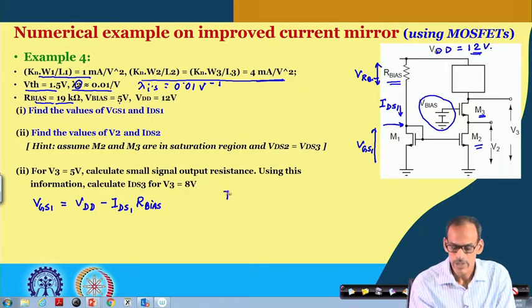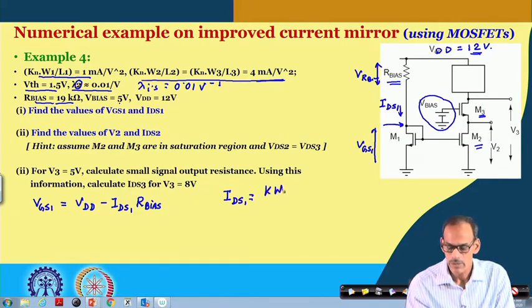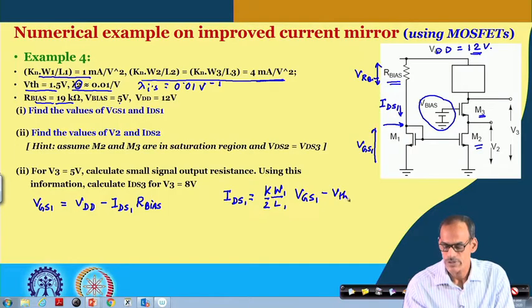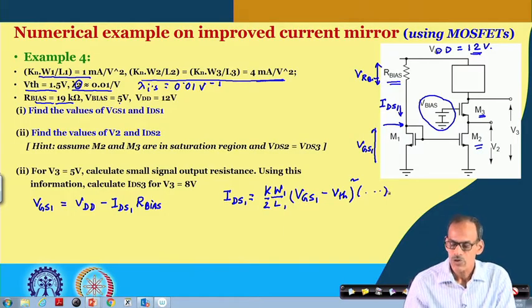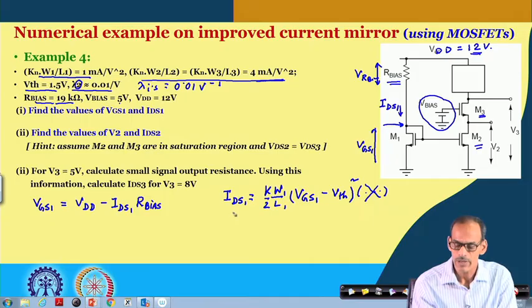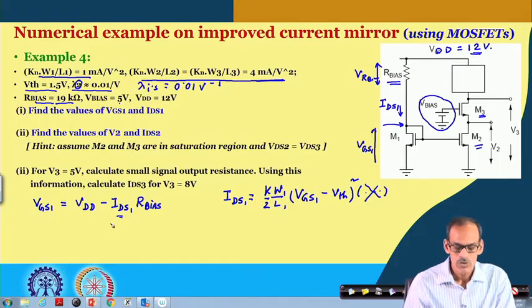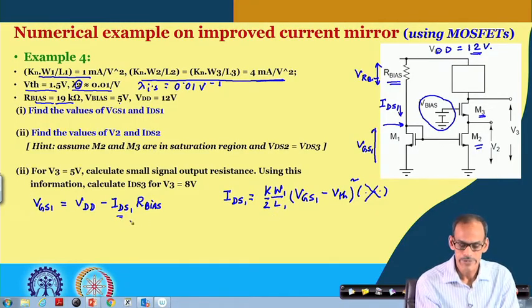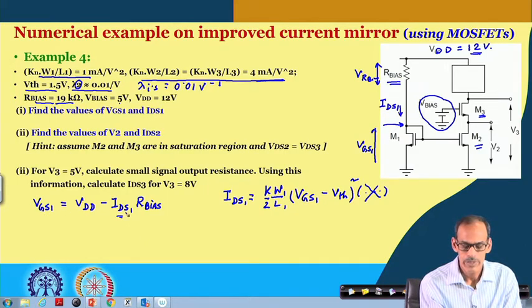On the other hand, we know that the expression of IDS equals K W by L of transistor 1 by 2, and then VGS1 minus VTH square, of course dropping the rest of the part. So, we can put the expression of IDS here and take VDD on the other side.